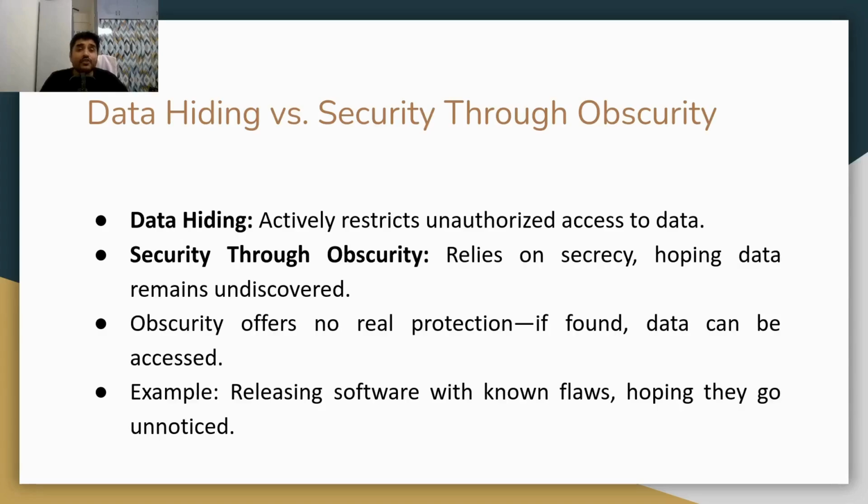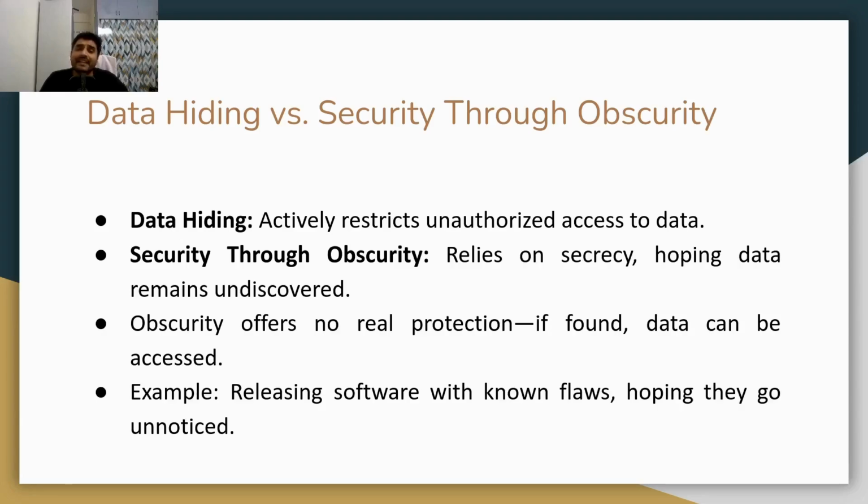But security through obscurity is another kind of thought process where it does not really take any protection activity. It hopes that if someone does not have the ability to discover, they will never be able to discover. In a simple analogy, when a cat is drinking milk, it closes its eyes and believes that no one is able to see it. This is what security through obscurity is.